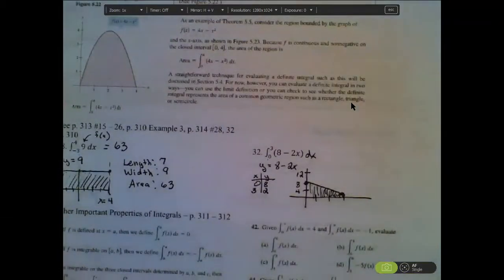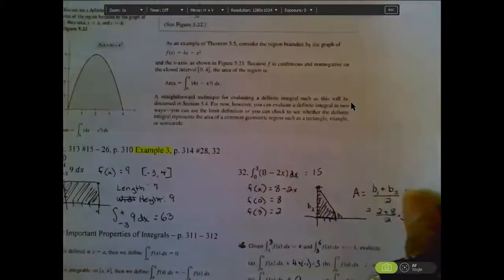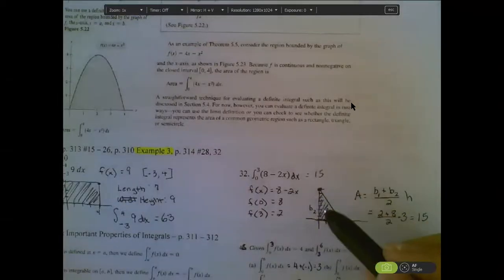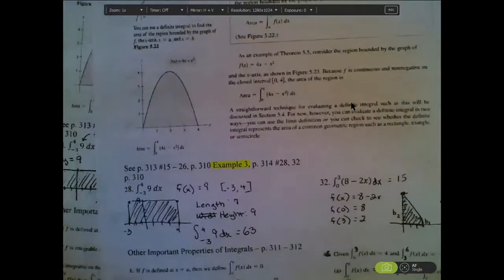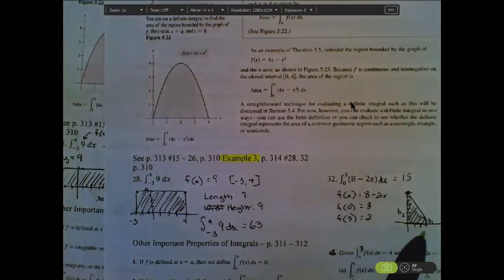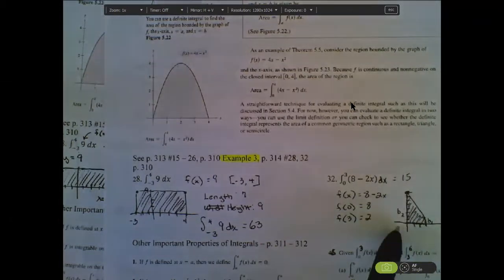You can see it better in this picture where I just counted by ones. You can tell it's a shape that's a lot taller here than it is here. I didn't mean to be showing you that. You remember the name of that kind of shape? It has a little base and a big base that are parallel to each other. That's a trapezoid.